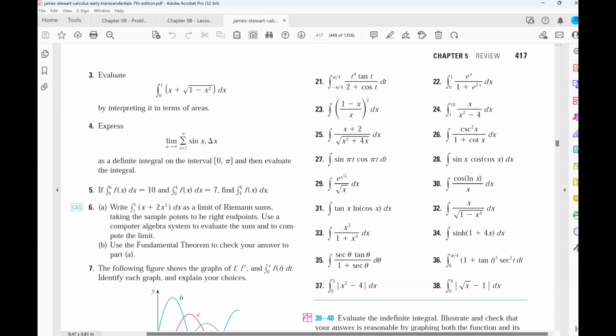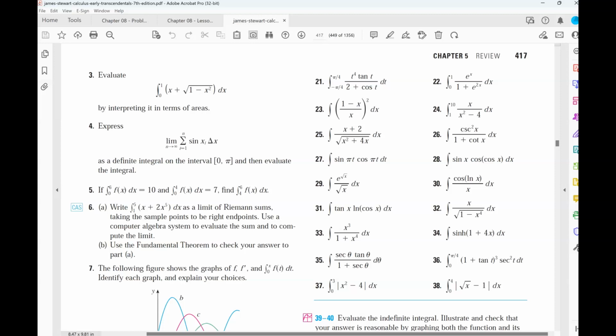Well, if you do e to the x, yeah, that would work. Because then you end up with 1 over 1 plus u squared du. And then that's tan inverse. That's a tricky one.